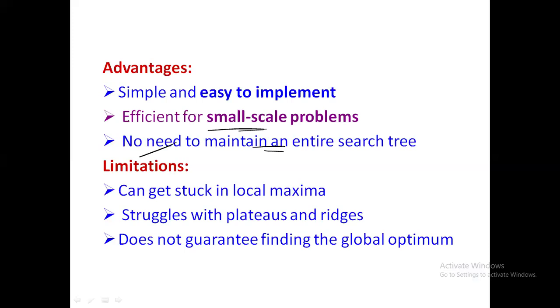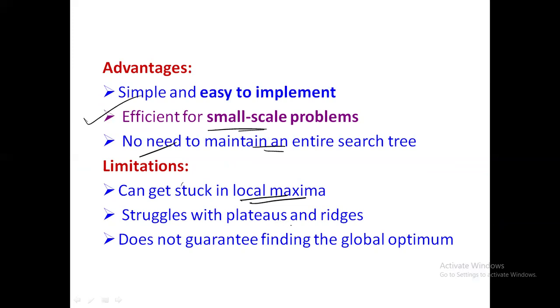However, even though it has many advantages, hill climbing also has several limitations. One major drawback is that it can get stuck at local maxima, where a better solution exists, but the algorithm cannot reach it due to its greedy nature.